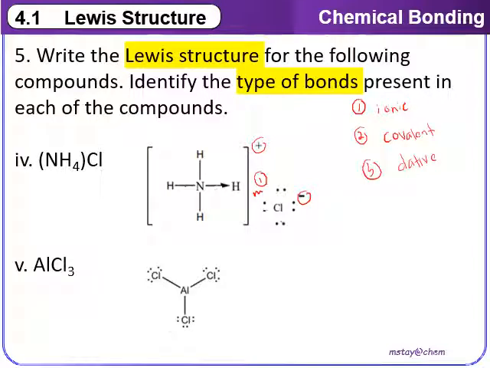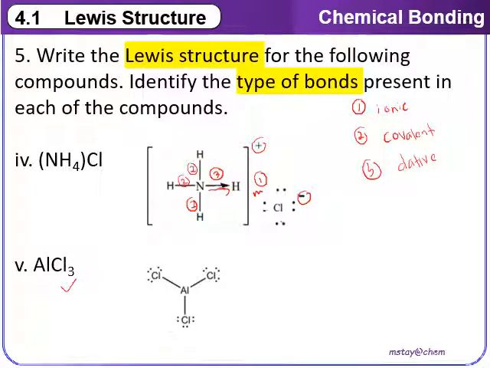The nitrogen and hydrogen without any arrow means that both atoms contribute the electron, so they are covalent bonds. While for the bond between nitrogen and hydrogen where the arrow is from nitrogen to the hydrogen, it means that the electrons are only contributed by one of the atoms, which is nitrogen, so we consider this one a dative covalent bond. Last structure, AlCl3.